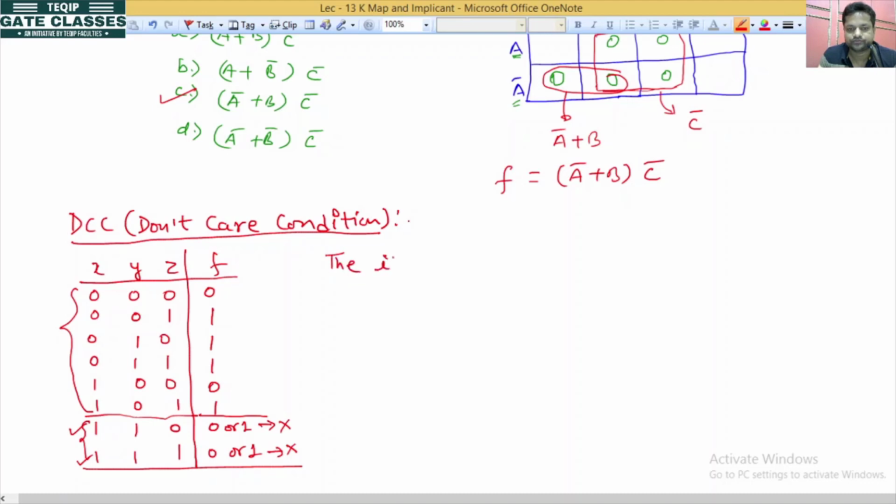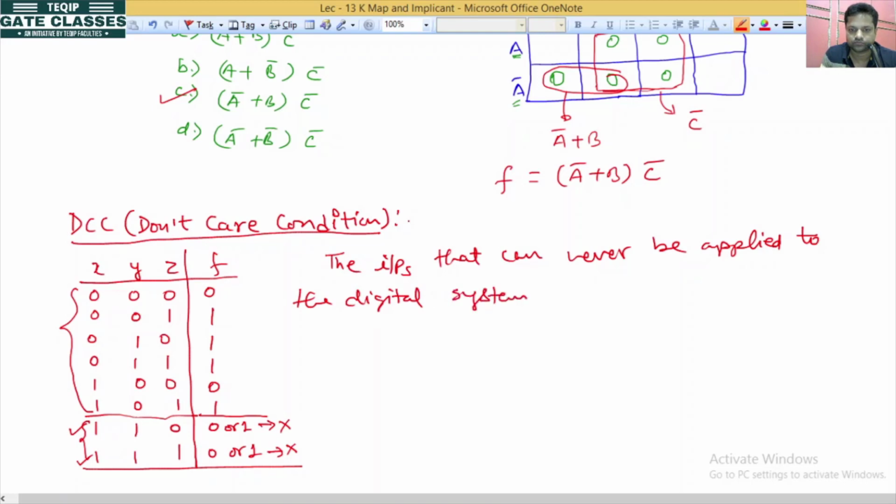The inputs that can never be applied to the digital system are known as don't care condition.